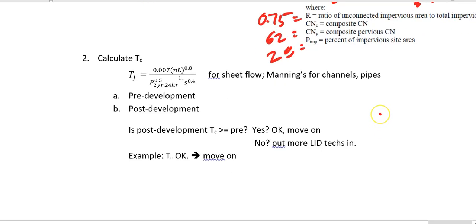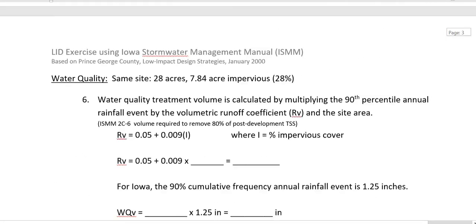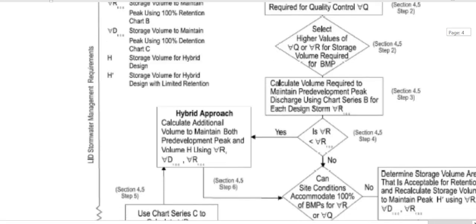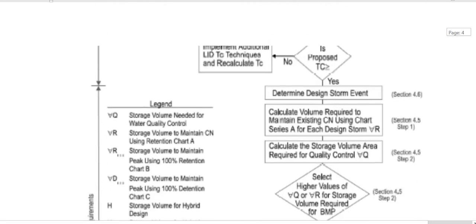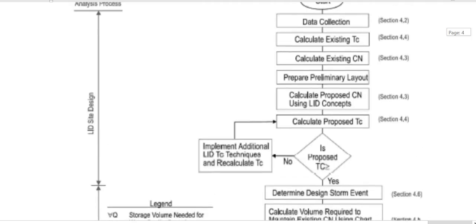Our next step in the process is to calculate the time of concentration. We're not going to spend time on that. If you scroll down through this document, I have the flow chart there that you can calculate the time of concentration before and after.